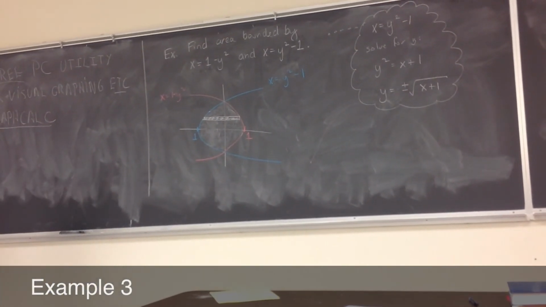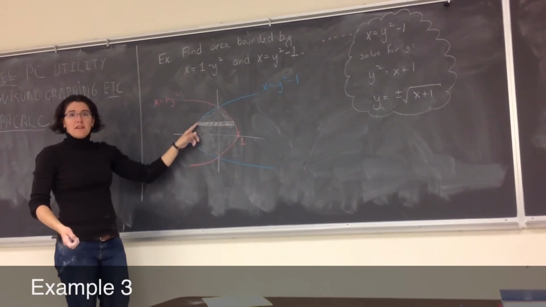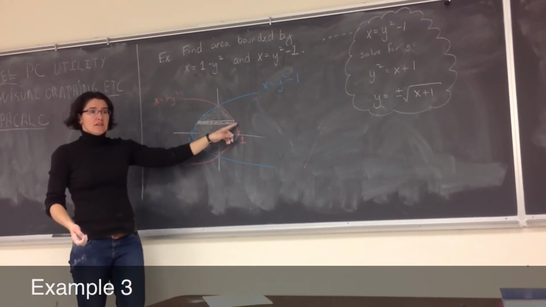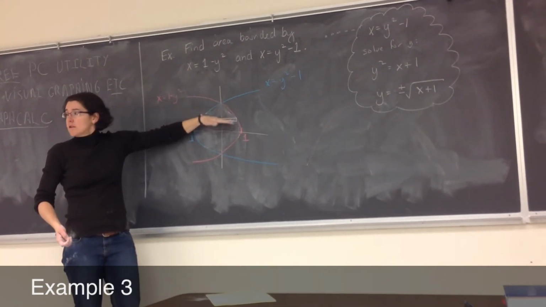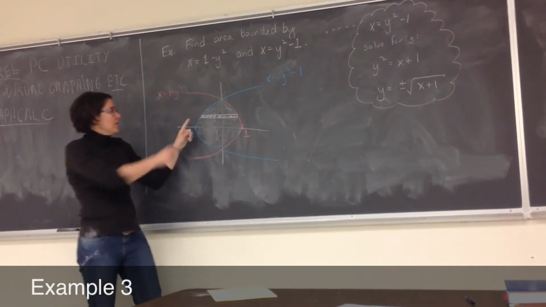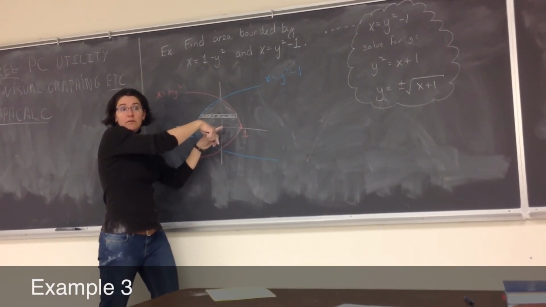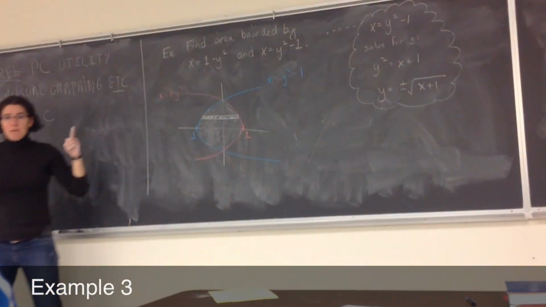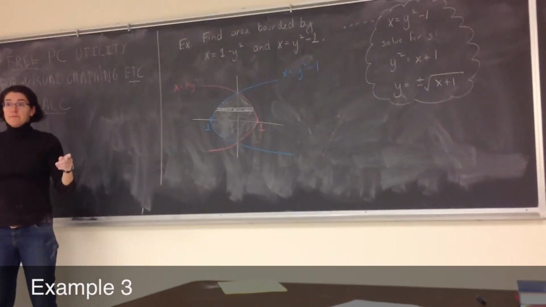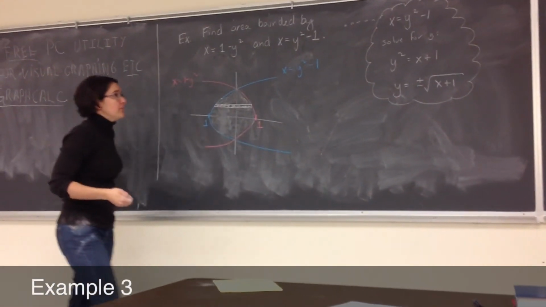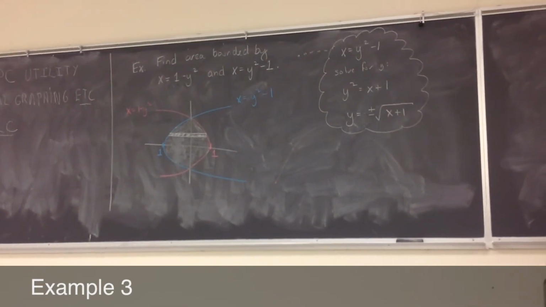And notice that if I have a horizontal rectangle, one side of my rectangle is on the blue curve and the other side is on the pink curve. And whether I draw that arbitrary rectangle up higher or down lower, always the left side is on the blue curve and the right side is on the red curve. Okay. So now I have a picture where my top and bottom of my rectangle are touching different curves, and this is a good thing.